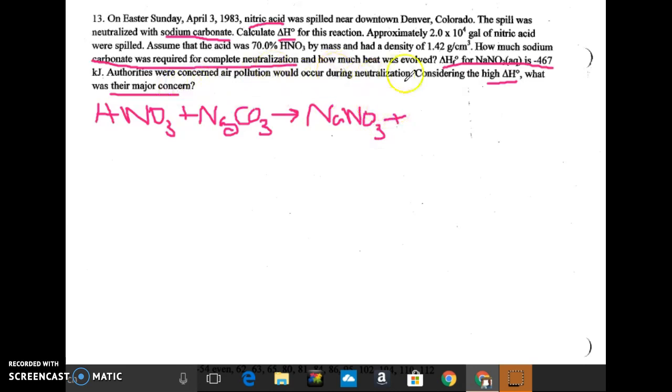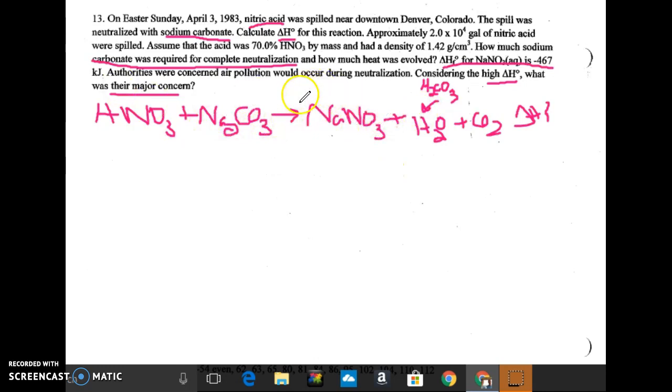So you would get H2CO3, and that's going to break down into H2O and carbon dioxide. So we want the delta H value for this equation. Okay. And let's balance the equation too.